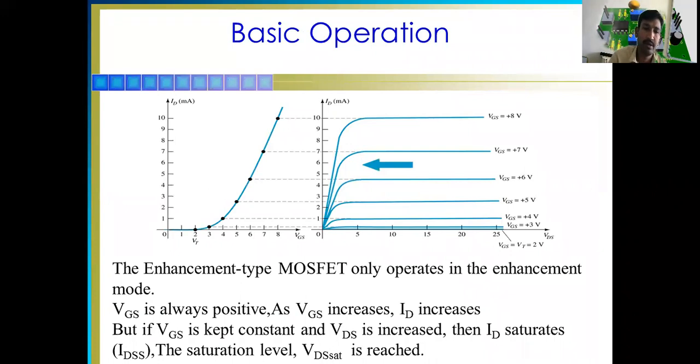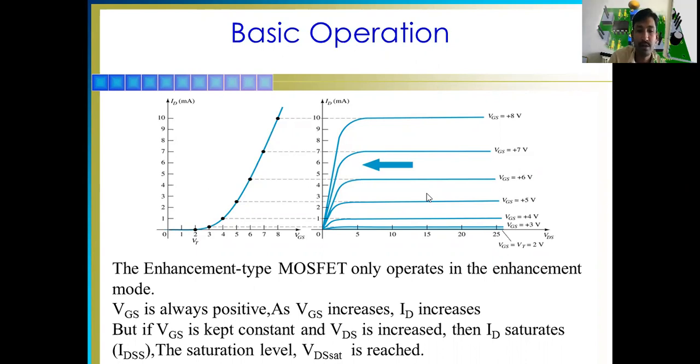So this is a graphical representation of the enhancement type MOSFET. Output characteristics, input characteristics, all other things. The MOSFET here only operates in an enhanced mode, so that MOSFET is known as an enhancement MOSFET.